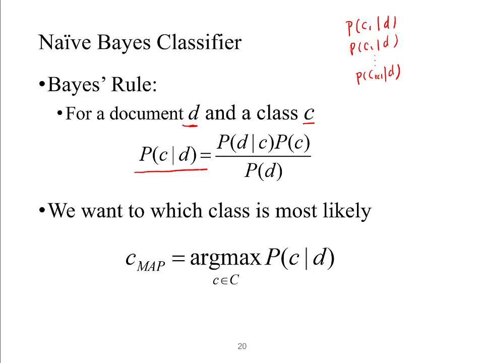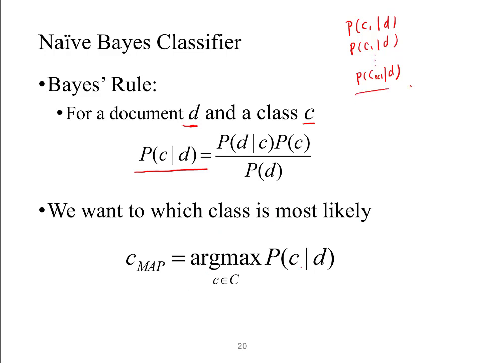So according to Bayes' rule, this probability equals the probability of D given C times the probability of C, divided by the probability of D. Right? So we want to know which class is most likely, as I explained here.